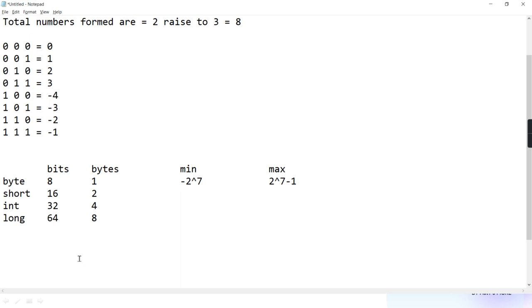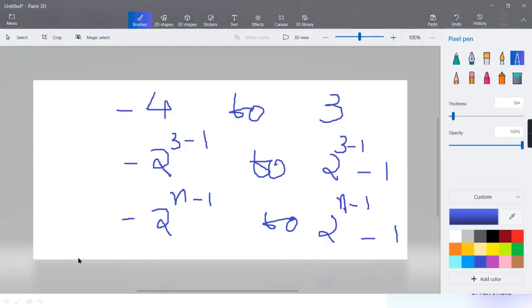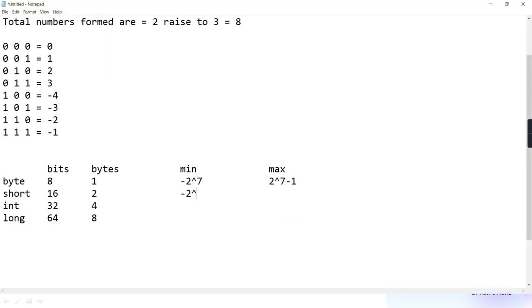So then quickly, can you tell me the minimum and the maximum for short? Very simple, you just have to put it in place of n. Minus 2 raised to 15 to 2 raised to 15 minus 1. Same way, minus 2 raised to 31 to 2 raised to 31 minus 1.